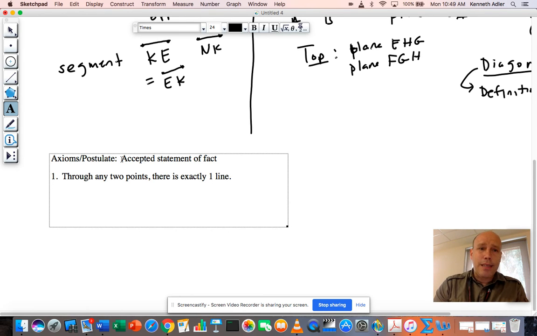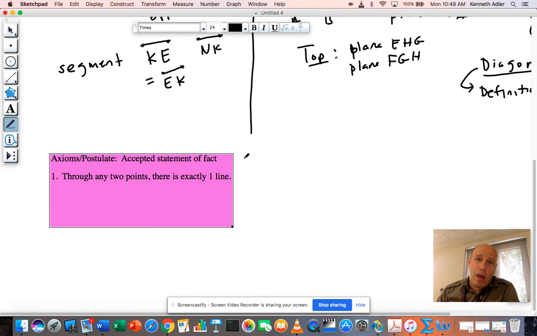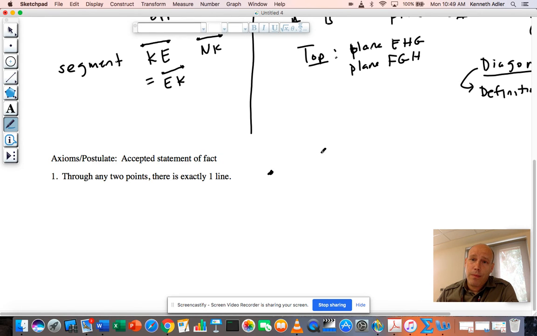This is an axiom. We accept this as true. We don't have a proof for it. We just accept it. Let's think about that for a second. If I draw 2 points here, how many lines can I draw through them? I can only draw one line through those 2 points.